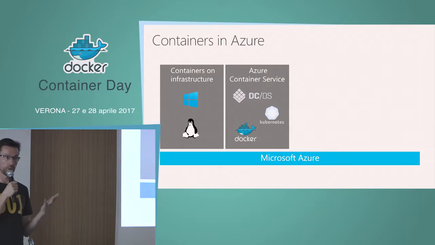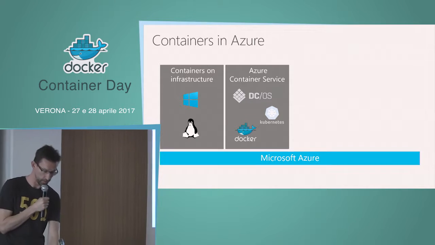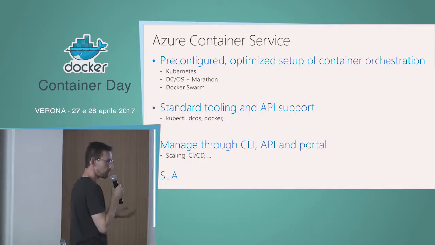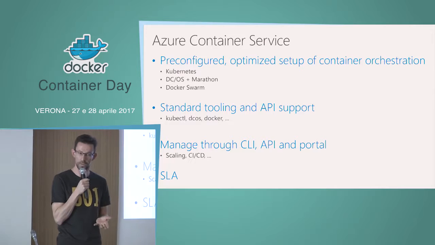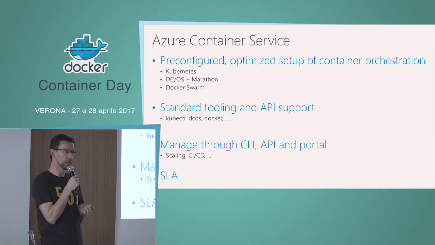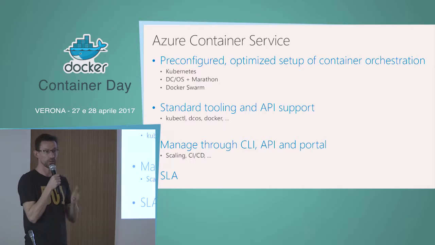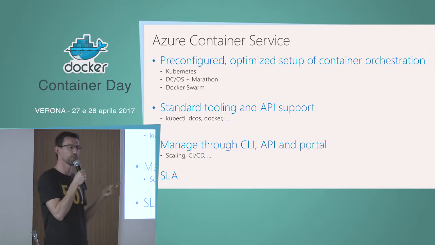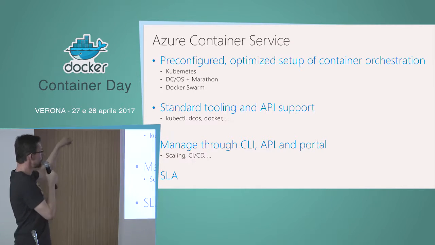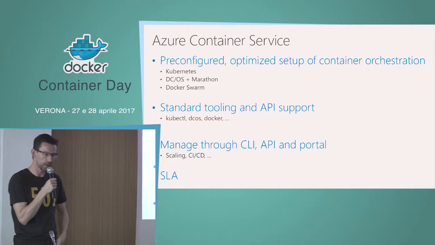If you're already familiar with those, and pretty much 60% of the people are, we give you a pre-configured, optimized, streamlined setup of those orchestrators. Just a matter of either one command line or a few clicks in the portal, you can spin up your orchestrator. And we do so for the three. And what does that allow you?